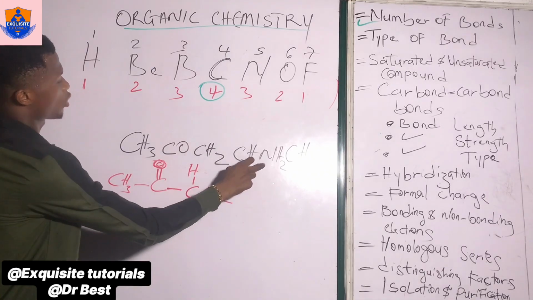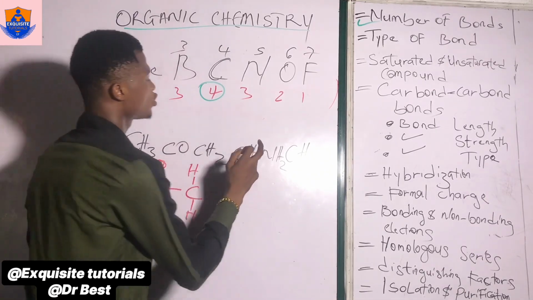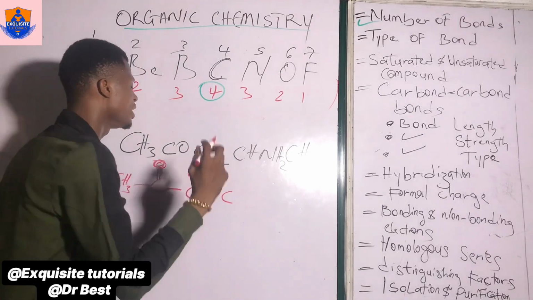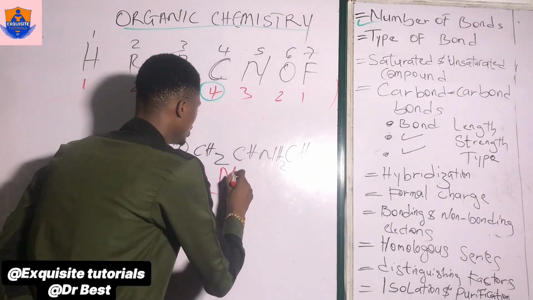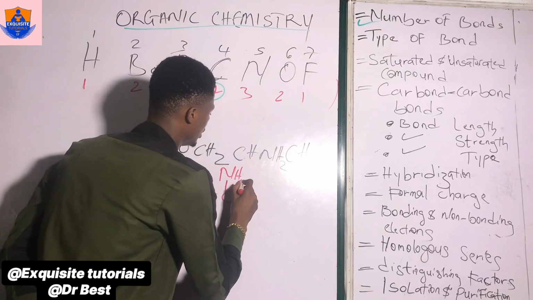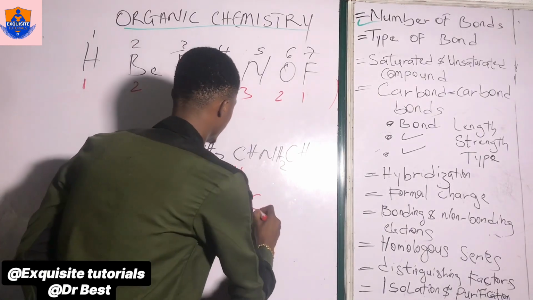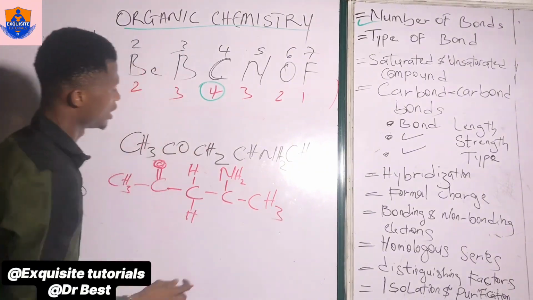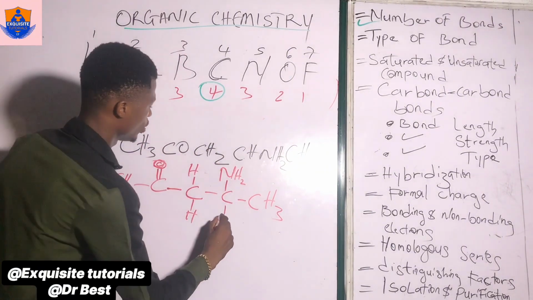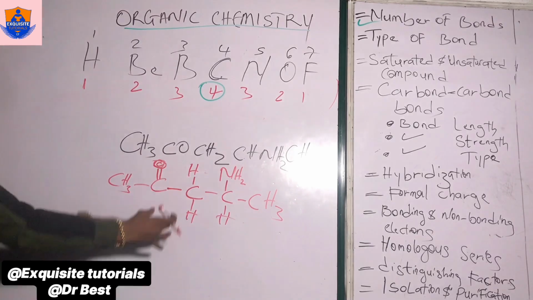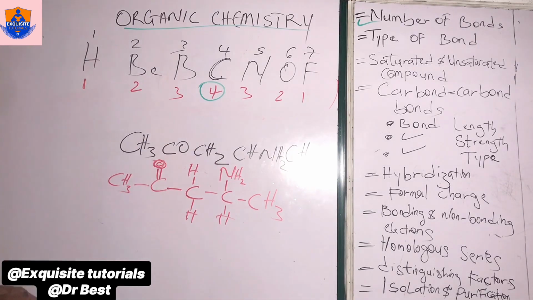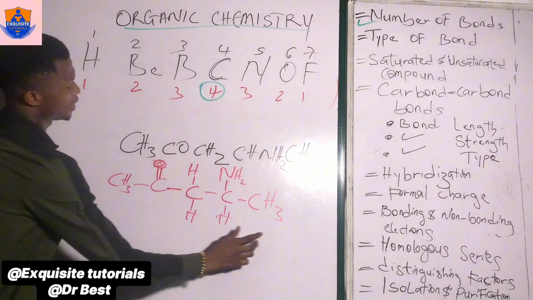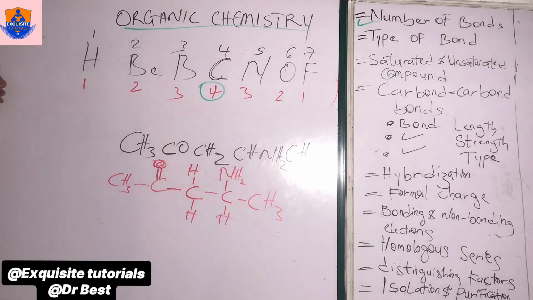Now this nitrogen is supposed to accept 3 bonds, but we are having 2 hydrogen here. It means that it has used 1 to form a bond, so this nitrogen is here like this, NH2, and this is here like this. Remember, this one has just one hydrogen. You put in your hydrogen here. So you have been able, by the knowledge of the number of bonds a particular element forms, to bring out the structure of this compound.